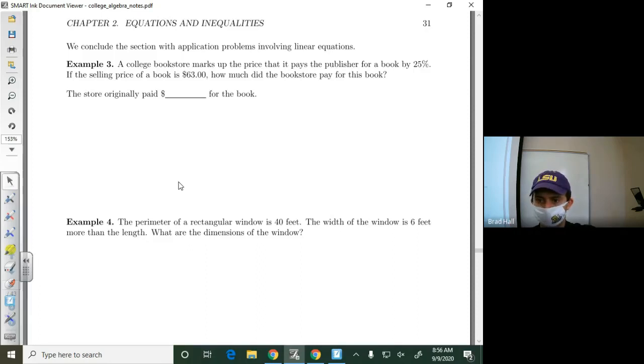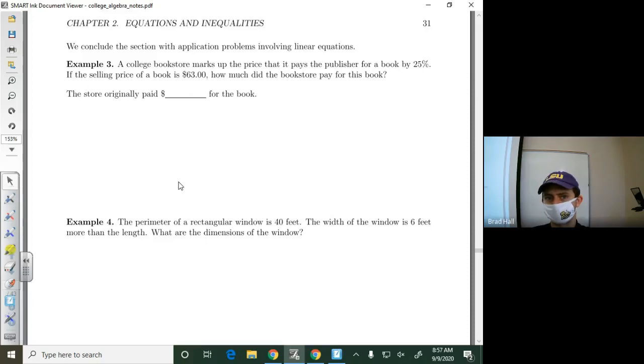So what's happening here? Let's try to think about this. There's a publisher that gives a book to the bookstore. The bookstore buys the book, and then they mark up the price of the book so they can make a profit. If they bought the book and then sold it at the same value, then obviously they're not making a dime off of that.